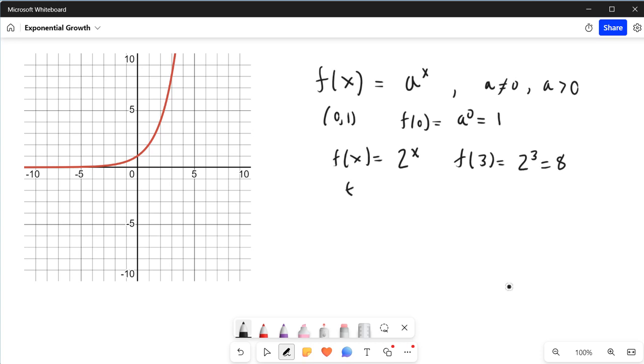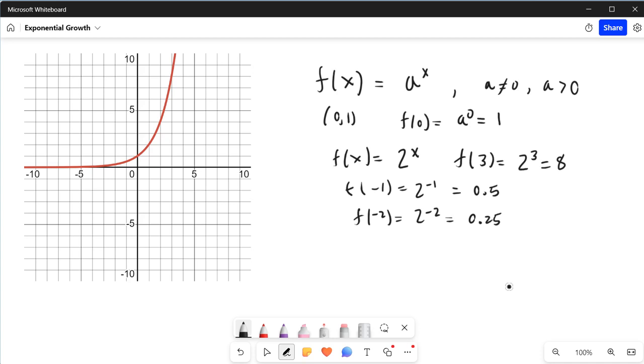And similarly, if we were to look at, for example, f of -1, that would be 2 to the -1, which is actually just equal to a half. Now, of course, if you were to get any more points, such as f of -2, that would be 2 to the -2, which is equal to 0.25. And we can kind of see that as x becomes negative but bigger, the values of f of x just get smaller.